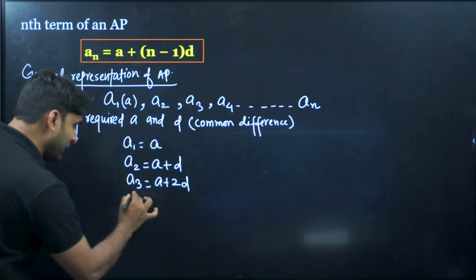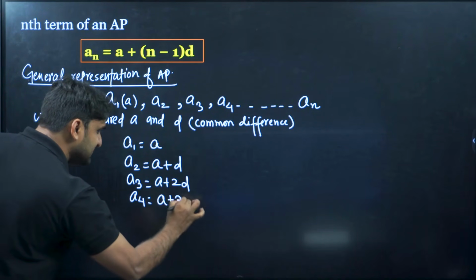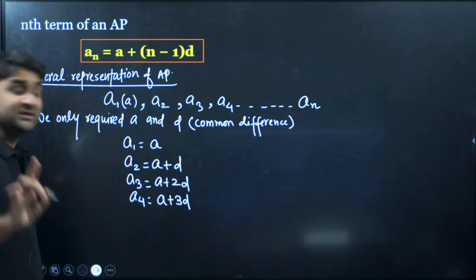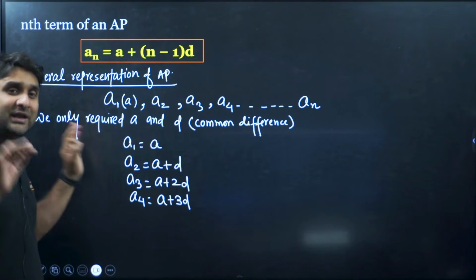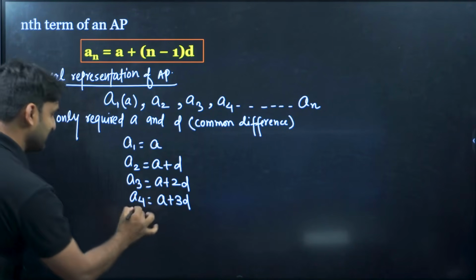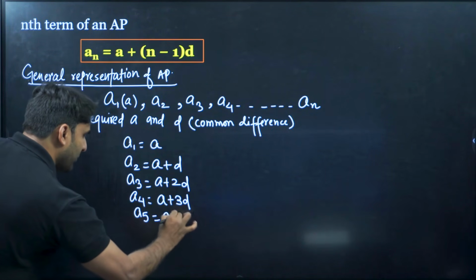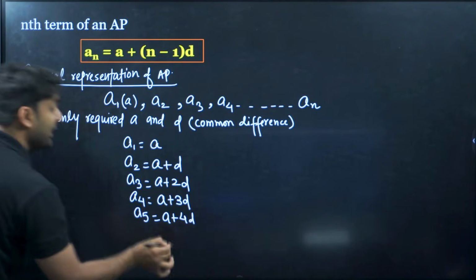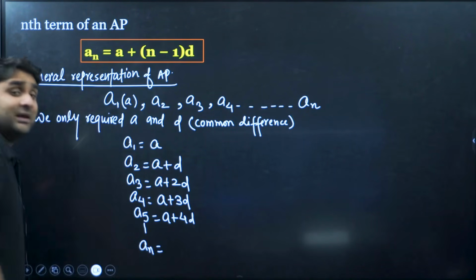For the fourth term, the formula will become A plus 3D. One less. And that is the reason why I asked you that you should have only A and D to find any term. Similarly, for the fifth term, what will be the formula, champion? A plus 4D.